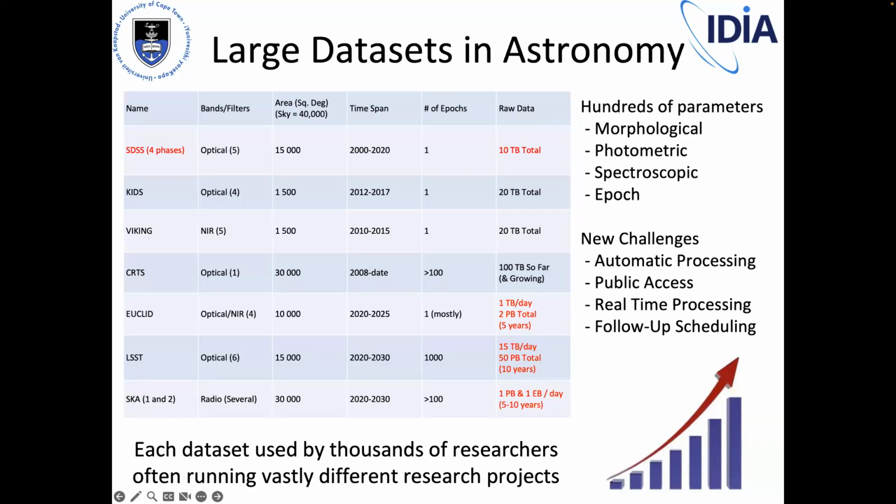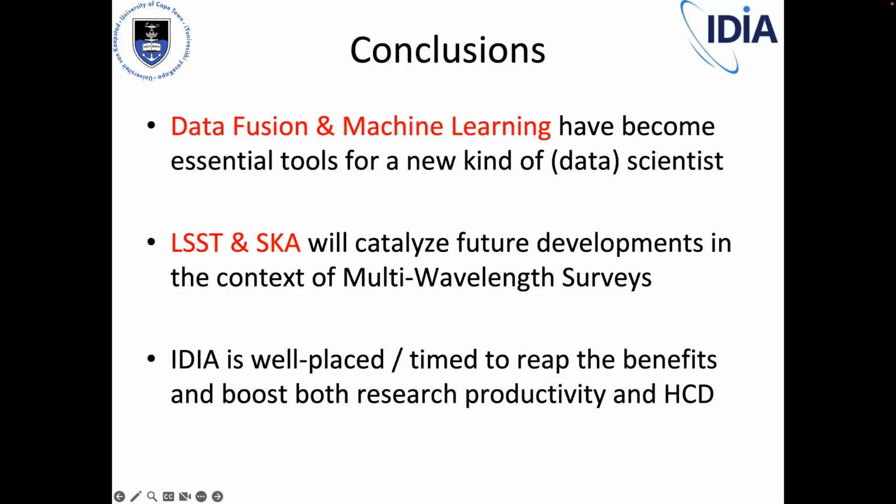So we must find ways for people to access hundreds of parameters for their favorite astronomical sources, and to tackle new challenges like automatic processing, public access for people who have contributed to the funding and setup of the machine, and also the scheduling of follow-up observations once something interesting goes boom in the night. If you find something interesting in the SKA data, you want to be able to observe it at once.